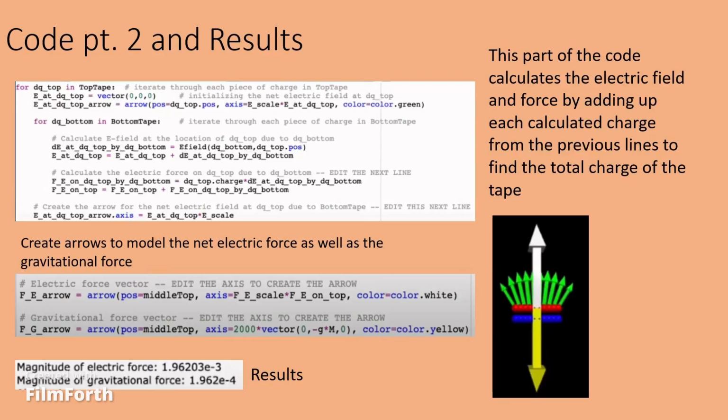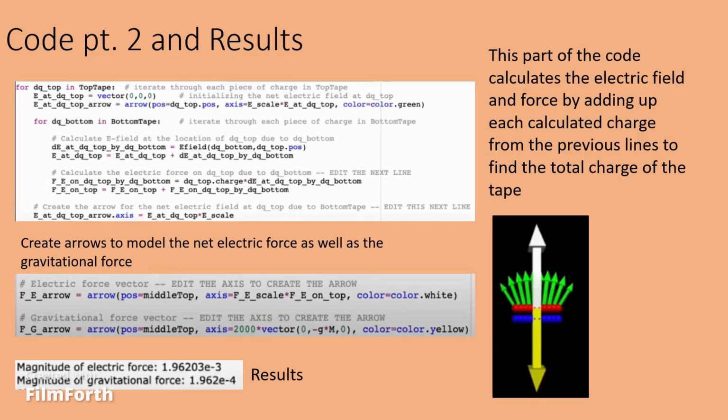Here's the second part of the code. Now that we have calculated the line charges, we have to find the electric force, and that is what this part of the code does. This is summing up all the previous line charges to find the total charge of the tape. If we want to model this, we can use some arrows.